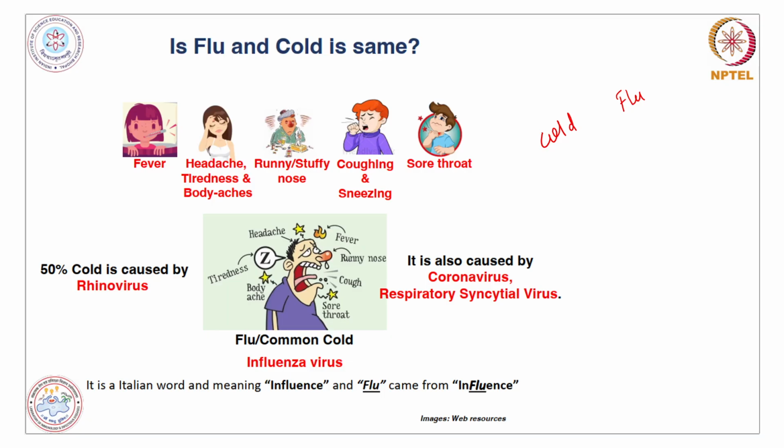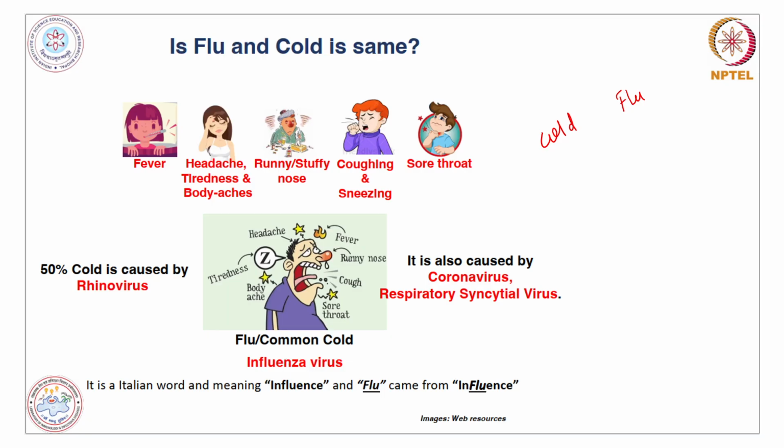But in contrast, influenza is mainly responsible for the flu. There are two strains, influenza A and influenza B. These are responsible for causing the flu. It can infect your upper and lower respiratory tract and cause a severe illness and other symptoms like body ache, fever, and other things. So these are different, these are not the same.